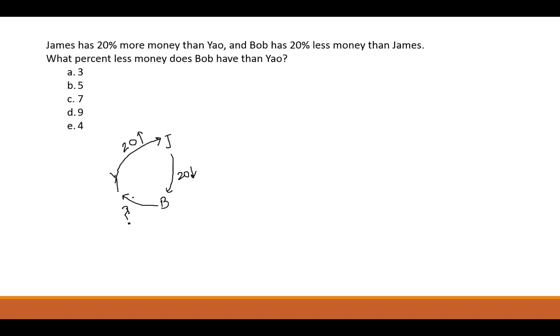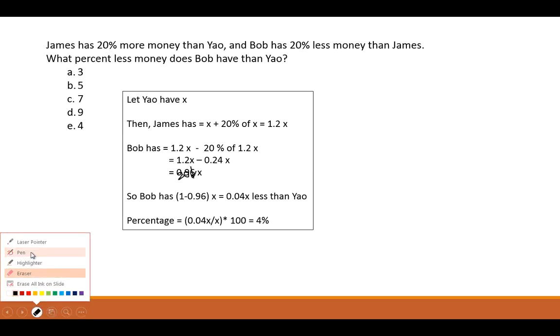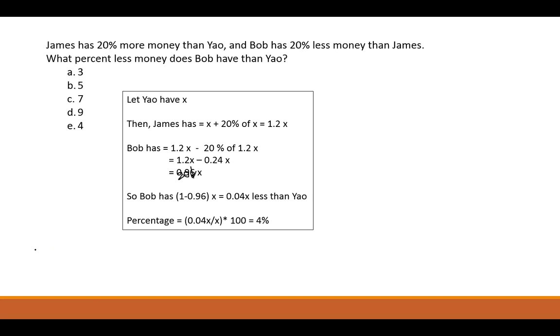The way this could have been solved is starting with my reference of Yao and assuming that he has x. So I've started with Yao and taken that as my reference x.